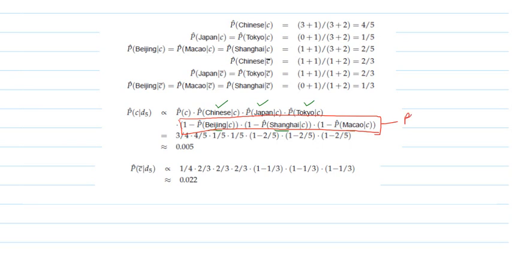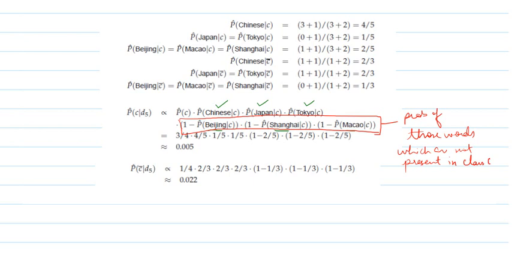So we see that these 3 probabilities are the probabilities of those words which are not present in class C, right?